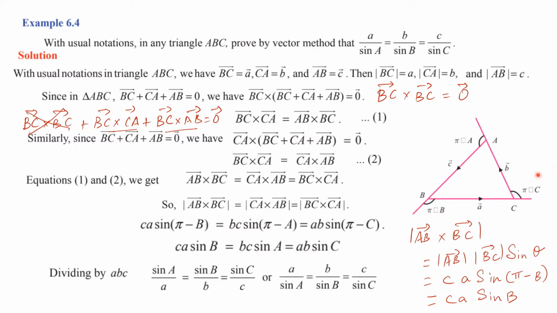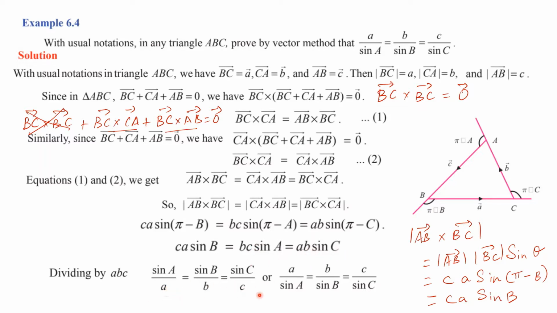And further, if you divide them all by a, b and c, you will be left with ABC. If you divide here, your a and c will disappear. You will be left with b as the denominator. So it will be sine b by b is equal to sine a by a is equal to sine c by c.